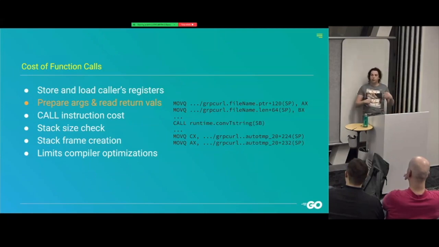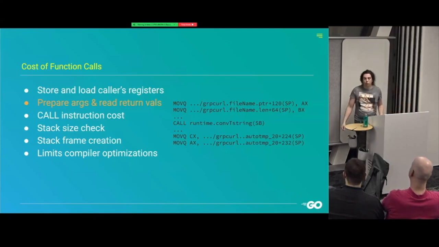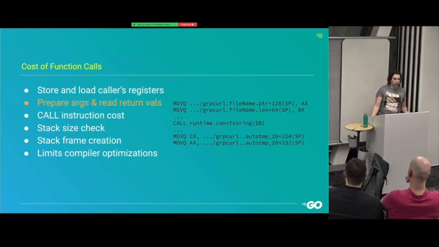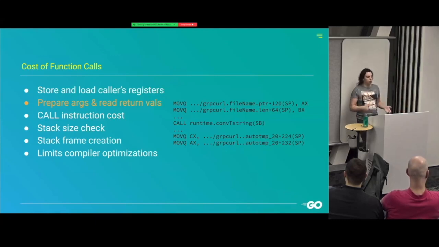In the past, all parameters and return values were passed via the stack. Now, if all the values fit in registers, they are passed in registers. But the compiler still has to arrange those values, making sure the first parameter is in the agreed first register and so on. And then it has to take the return value from the registers and store it.